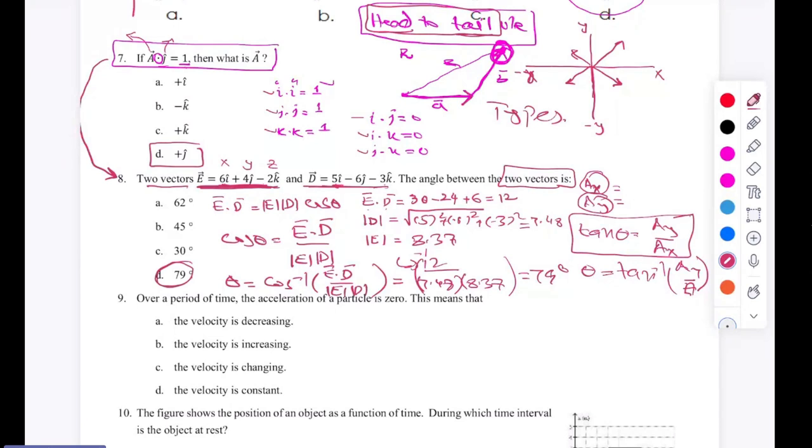So this is how you find it. Is it not inverse tan? No, no, no, it's not inverse tan because it has many components. If you are given only an X component or Y component, then you use that formula.